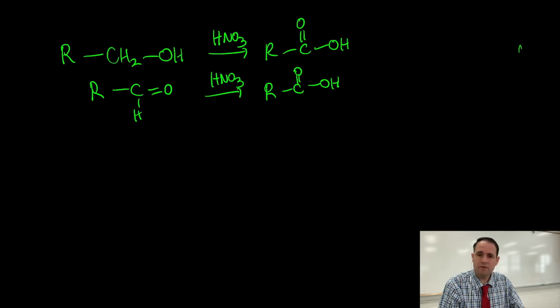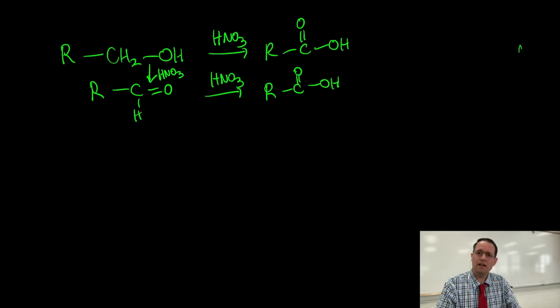I'm going to show you this advanced curved arrow reaction mechanism, in case you're taking a graduate class. What you're looking at here is an alcohol that gets oxidized with nitric acid to form the aldehyde, and then the aldehyde goes on to make the carboxylic acid. So we can just show the mechanism from the alcohol to the aldehyde to the carboxylic acid, and that'll take care of all the mechanisms.